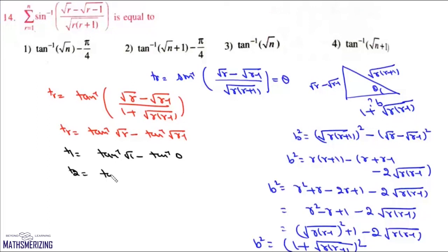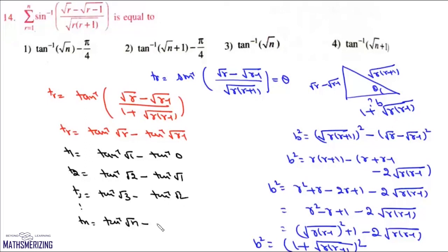T2 will be tan inverse root 2 minus tan inverse under root 1. T3 will be tan inverse root 3 minus tan inverse root 2, and then Tn will be tan inverse under root n minus tan inverse of under root n minus 1.